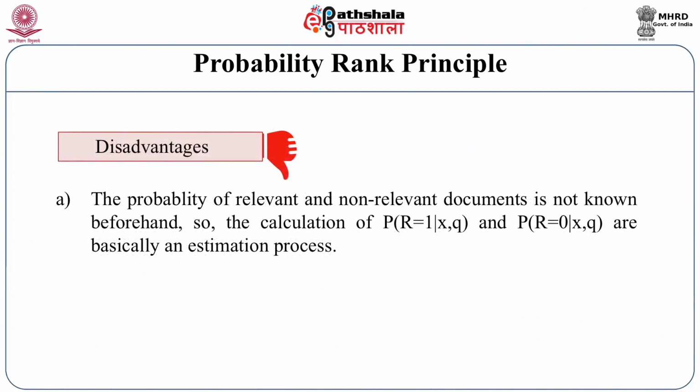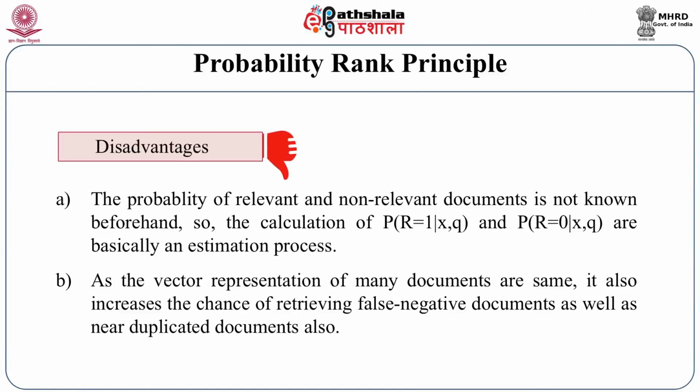The disadvantage of this scheme is that the probability of relevancy and non-relevancy for the documents is not known beforehand. So the calculation of these probabilities is basically an estimation process, because we cannot explicitly compute the probabilities of relevance at the starting point of the scheme.